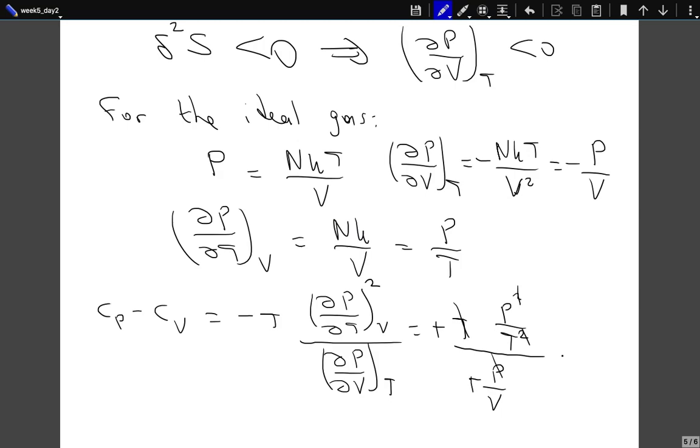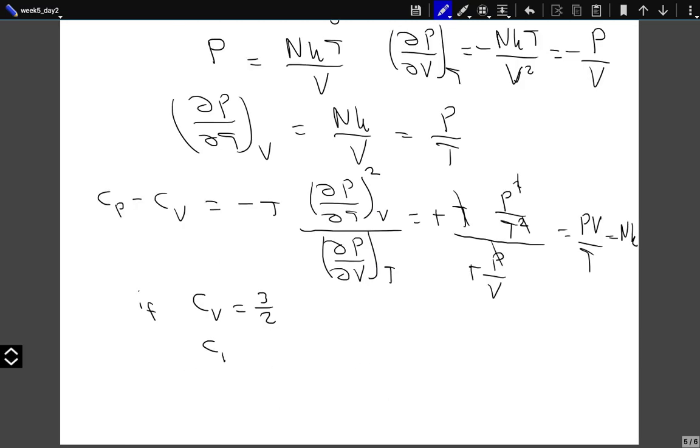So it's just PV over T, which is Nk. So if Cv is equal to 3/2 Nk, then that tells us that Cp is 5/2 Nk. And gamma, which is Cp over Cv, is just 5/3. This is something we had already done before.